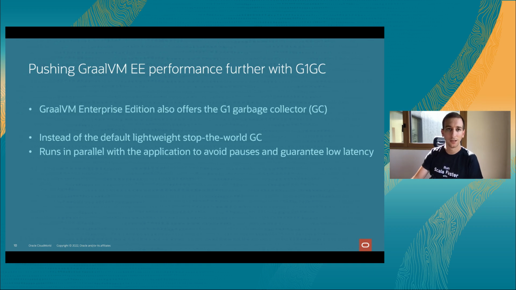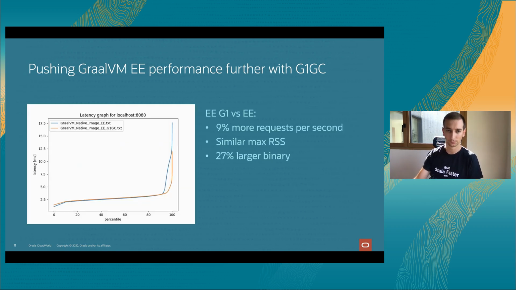So let's look at the numbers using Enterprise Edition G1GC versus Enterprise Edition. Here are the charts, and you can see that the tail latency looks much better. Now we start going up slightly around percentile 95, and it doesn't degrade too badly.